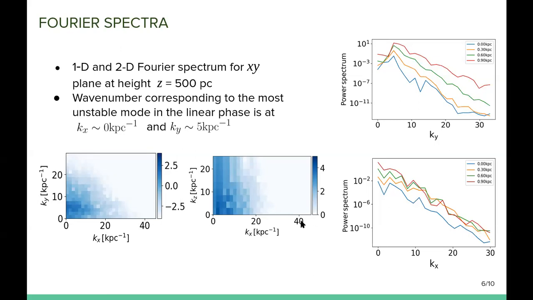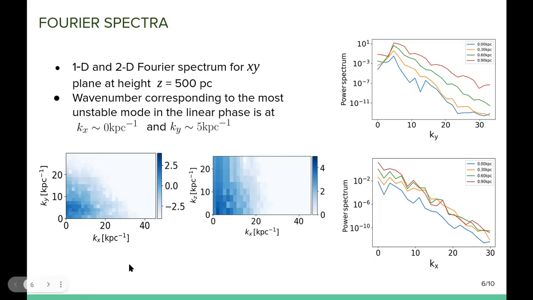From all these plots, what we try to do is to isolate the most unstable mode for each Z, which drives the instability at that particular set. Our final goal is to isolate these unstable K modes, the wavelengths corresponding to these unstable modes, and to compare them with some known dispersion relations and see how well our model works.